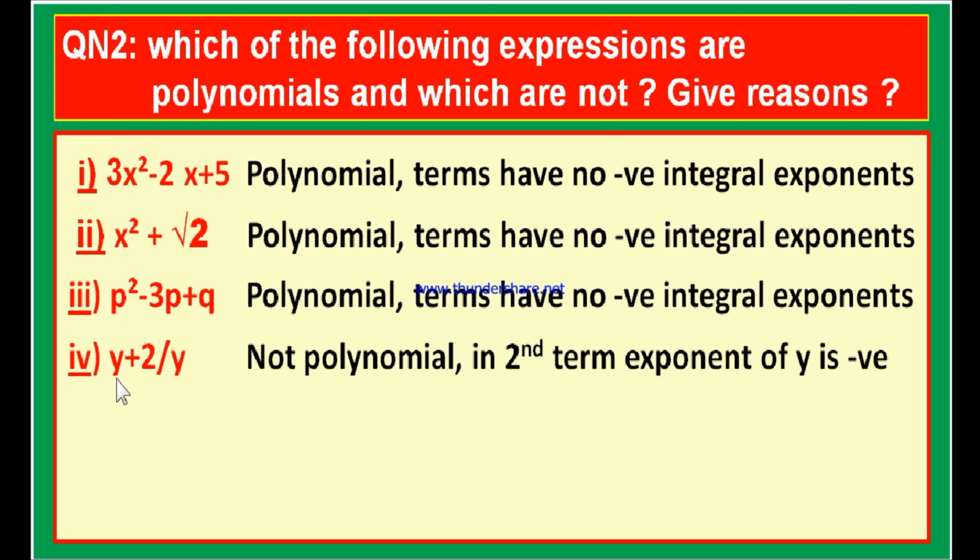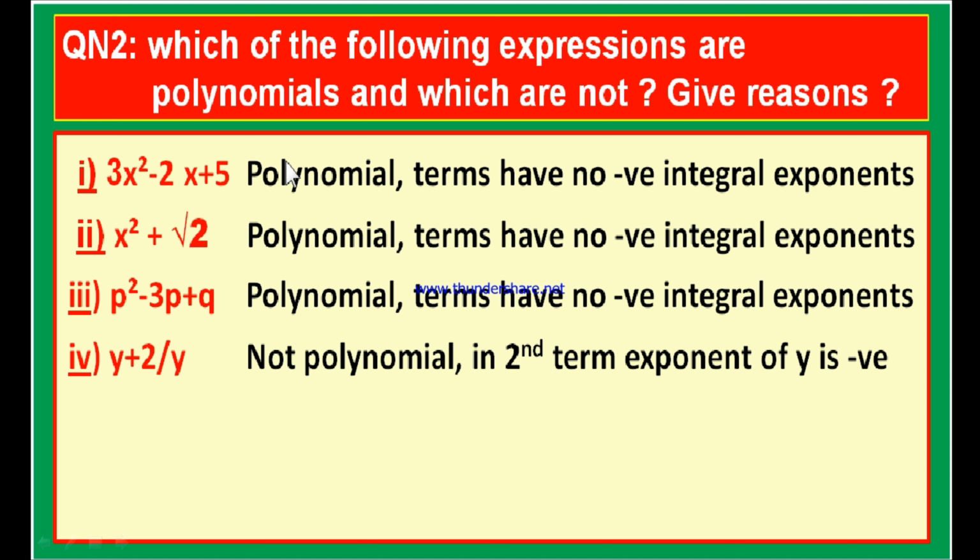In the first term it is y means y power 1, the exponent is 1. Of course it is very good, it is a non-negative integer. But if you observe the second term, 2 by y, 2 divided by y, it is nothing but 2 into y power minus 1. Y power minus 1 is a negative integer. Therefore it is not a polynomial.